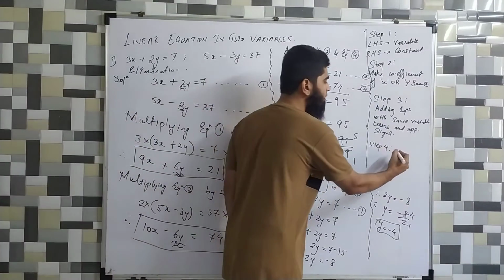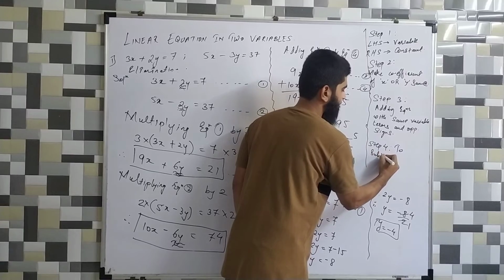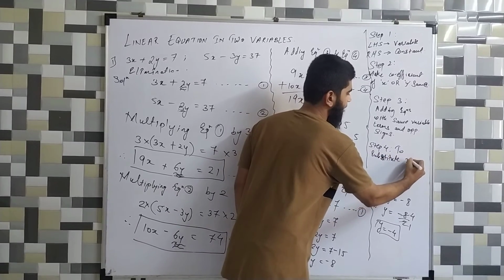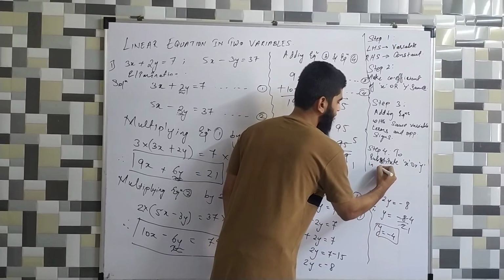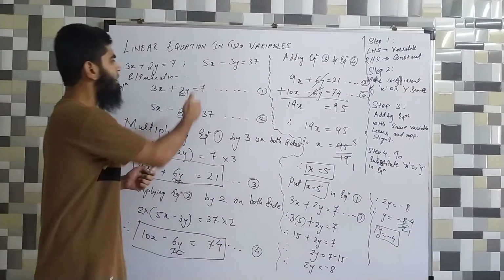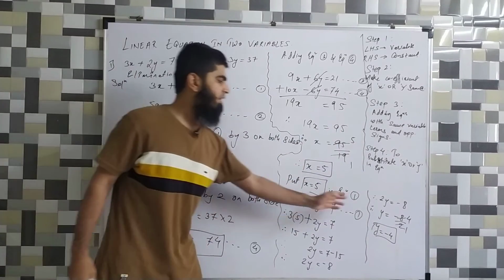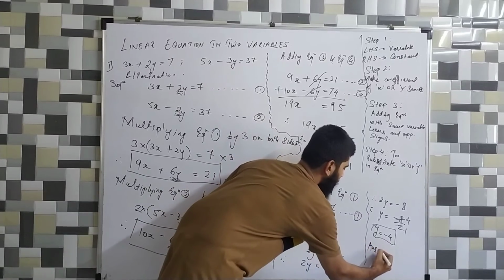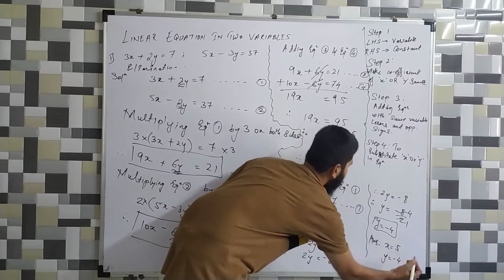So step 4 was to substitute x or y in equation of your choice, whichever is more convenient for you, and while substituting you will get the another term. Hence we got the result as final answer would be x is equal to 5 and y is equal to minus 4.